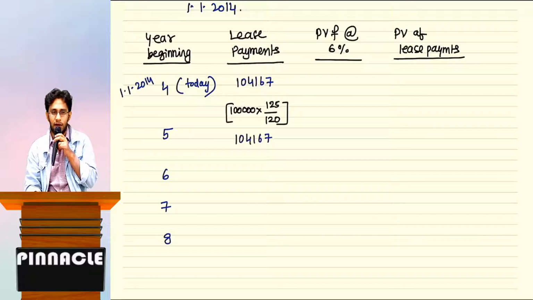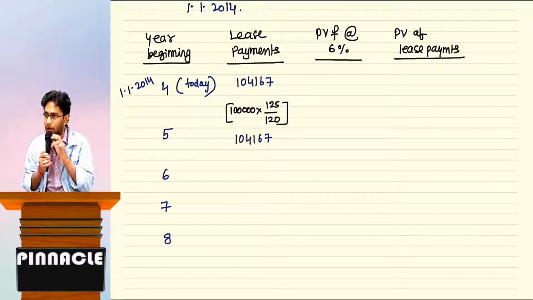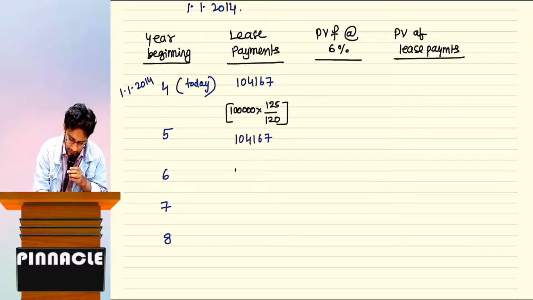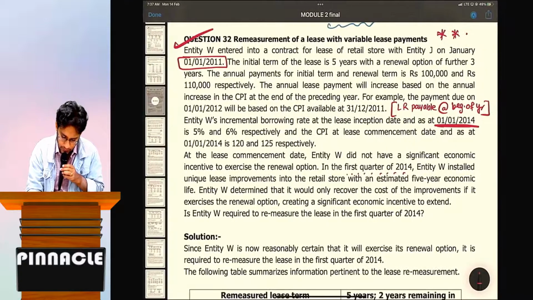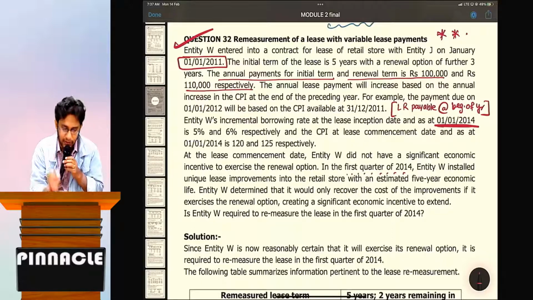Sixth year and the fifth year ending CPI, do I know? I do not know. So here also I will be taking 104,167. Wrong answer. Why is it wrong? Go back here. The annual payments for the initial term and renewal term are 1 lakh and 1,10,000 respectively.